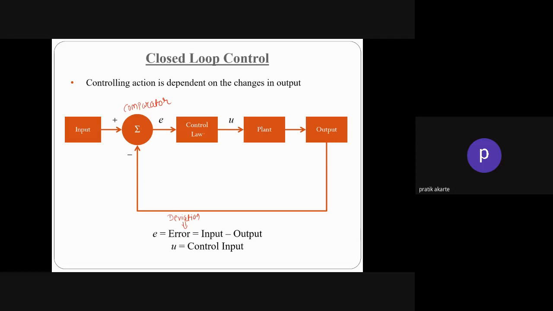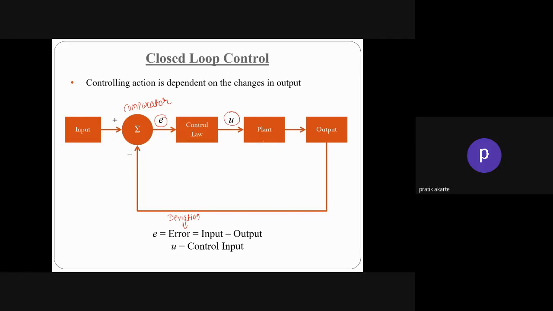Depending upon the error signal, the controller receives this error signal, and depending upon it, the control action is taken on the plant. That is called the closed loop control system.